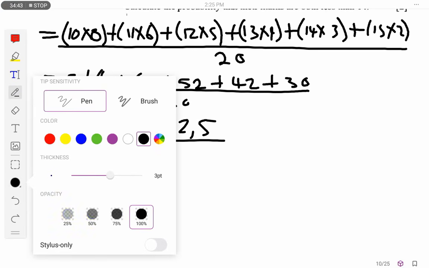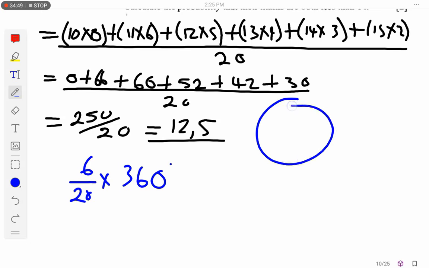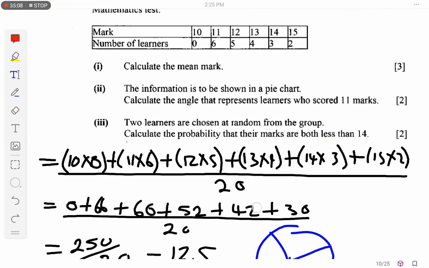Okay, so we can do that. 6 over 20 by 360 degrees, because a pie chart has got angles. All the angles at the center, they'll add up to 360 there. That's how we are finding this. So 0, 0 there, 2 here, 1, remainder 1, 8, 18 times 6, we get ourselves 108 degrees. Okay. Then let's go to another question.